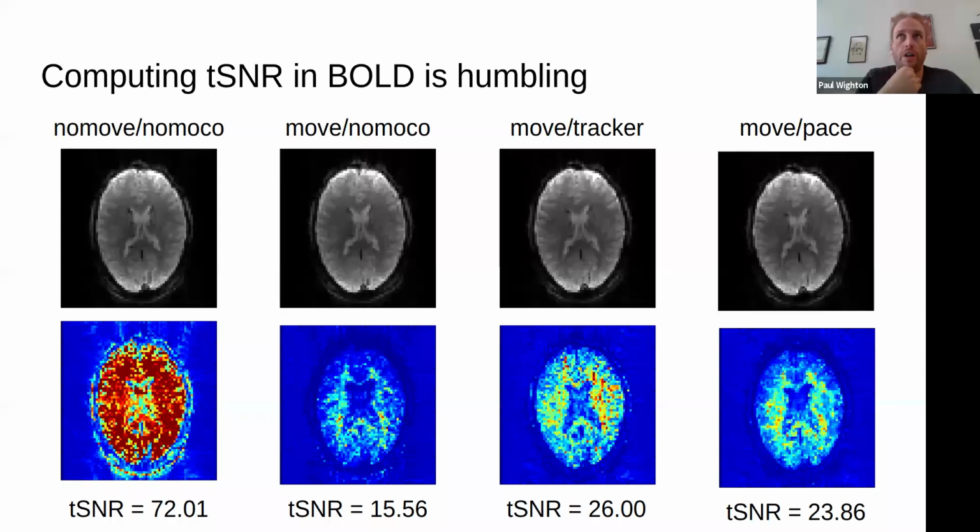In BOLD, it's hard. You're right, because if you have any sort of paradigm, you can't just reacquire that, right? What some people do, if you're not doing a paradigm and you're just doing resting state, is they'll just go until they have X minutes of good resting state data, because in a sense, you could go back for resting state, right?